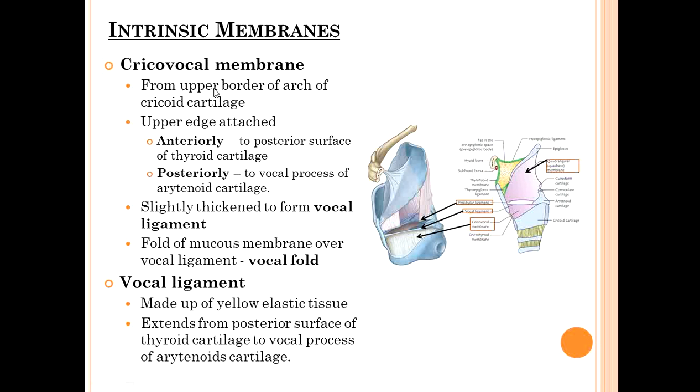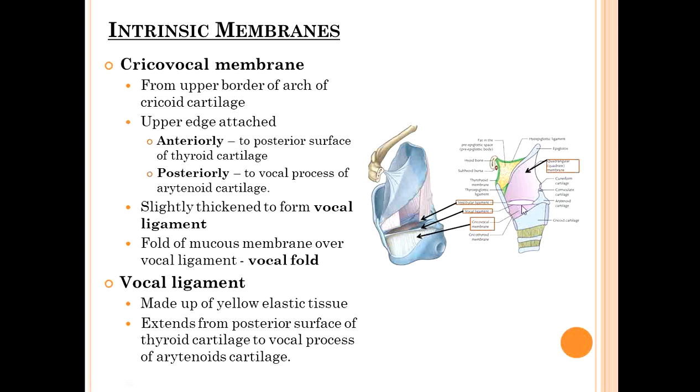It is arising from the upper border of the arch of the cricoid cartilage, the upper edge here. Anteriorly it is attached to the posterior surface of the thyroid cartilage, as I have shown you previously, and posteriorly it is attached here to the vocal process.